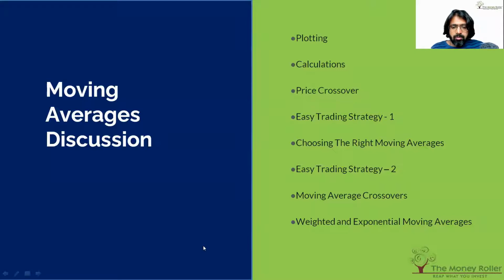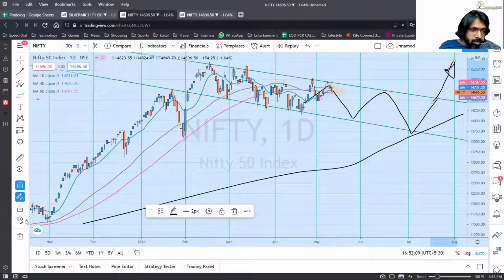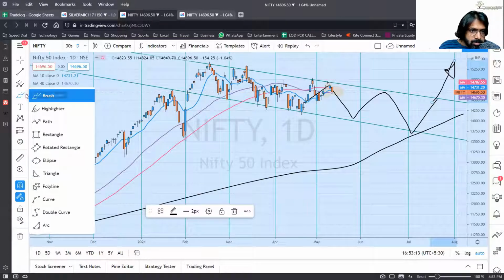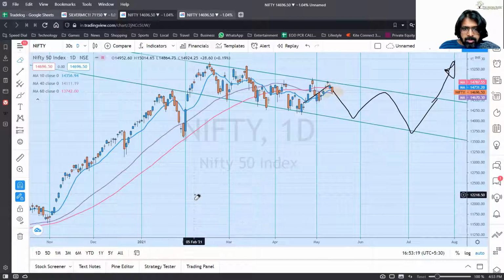Yes, we spoke about weighted, we still have to speak about exponential. So let me just get rid of these drawings. I will have to erase them, pardon me.